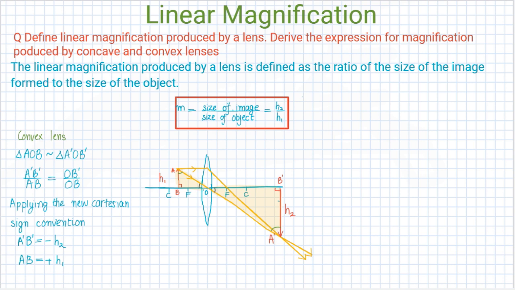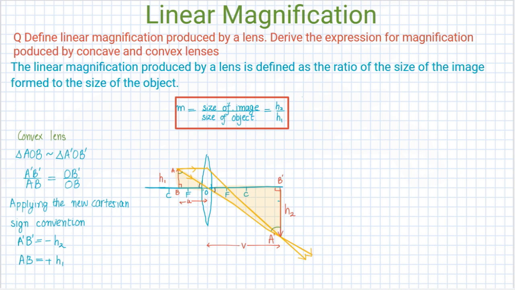This is your object distance OB, and your object distance is represented by small u. And your image distance is OB dash. This image distance is represented by small letter v.